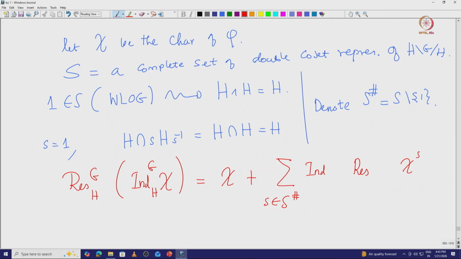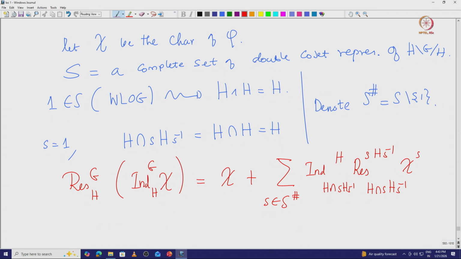So, the restriction is from S H S inverse to H intersection S H S inverse, and induction again from H intersection S H S inverse to H. So, this is what we get.